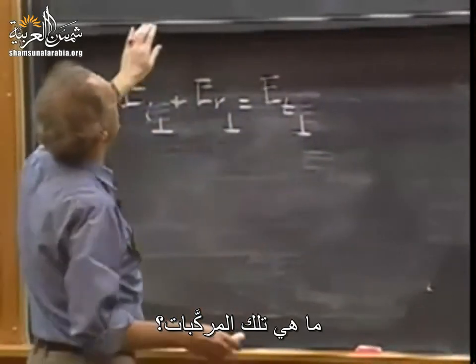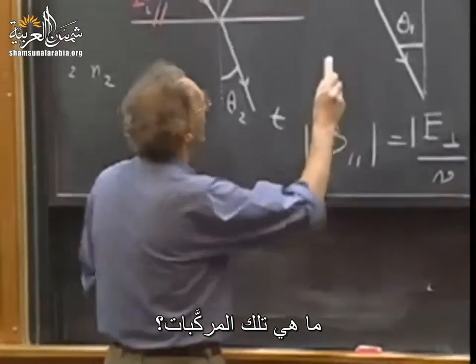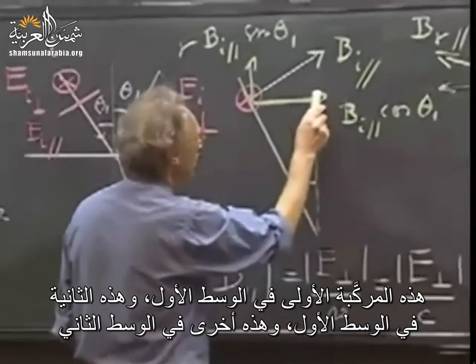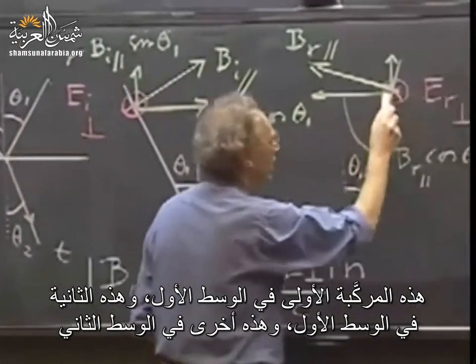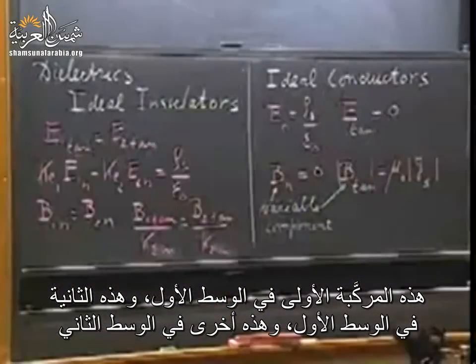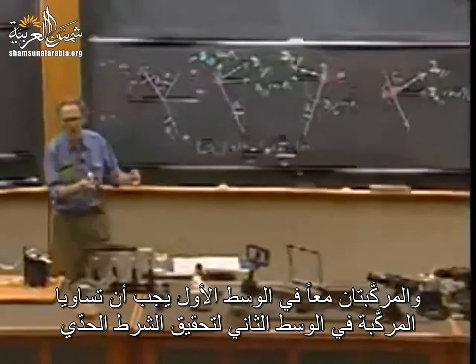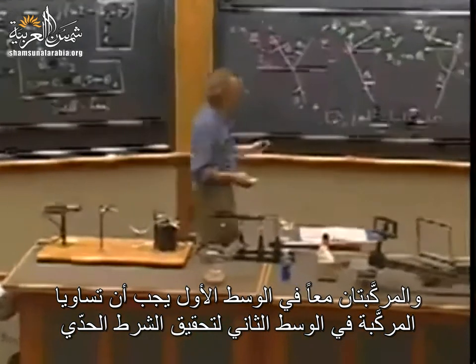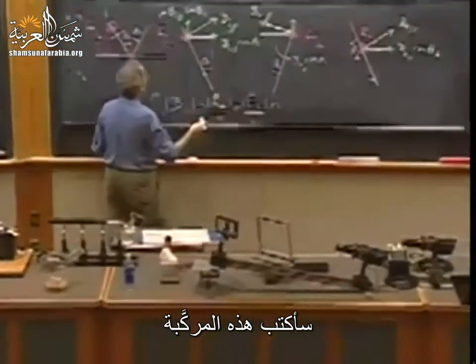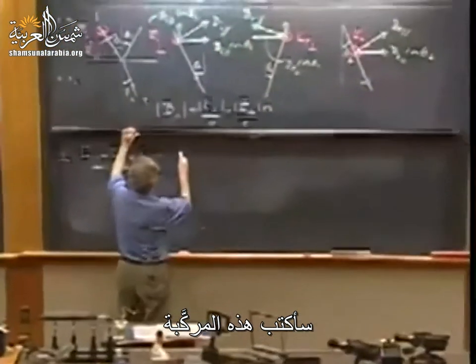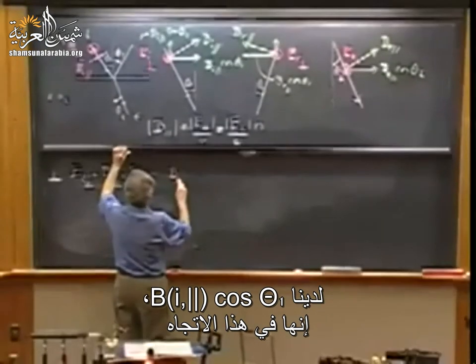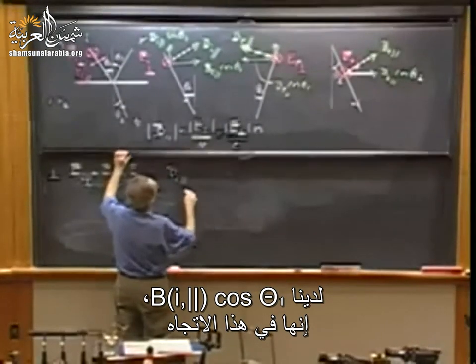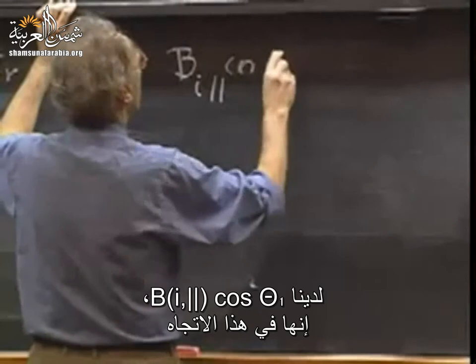What are those components? Well, I already alluded to that. This is one of them in medium 1. This is another one in medium 1. And this is one in medium 2. And the two in medium 1 together must be the same as the one in medium 2 to meet the boundary condition. So I'm going to write this one down. I'm going to get B of I parallel times the cosine of theta 1.